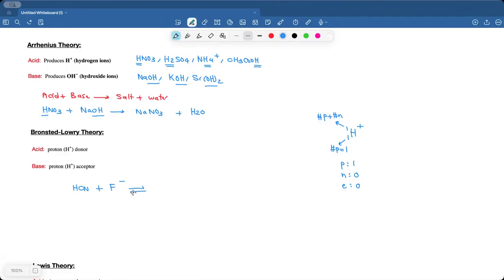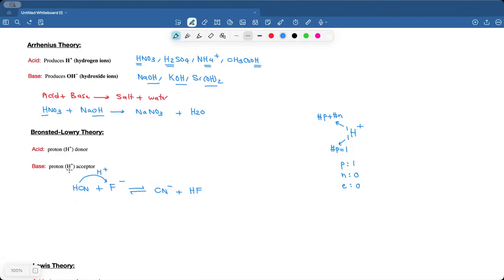Usually their reaction is an equilibrium reaction, where HCN gives the proton to F-. What is left from HCN is CN- after the proton is lost, and F- gains the H+, so the charge goes up by 1 and the product is HF. This is how they react together.